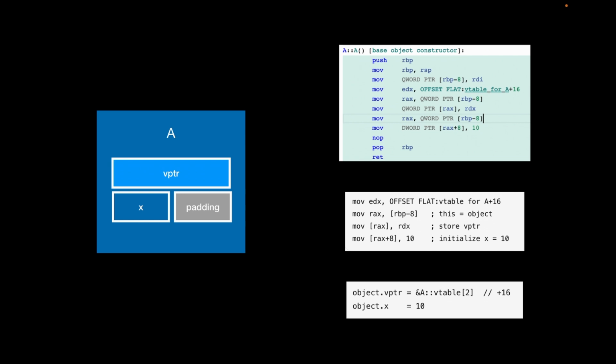In EDX we put the offset of the vtable plus 16, which, if you remember from the previous slide, is the first method pointer, because of the entries at 0 and 8: one contains the offset to top, and the other contains the RTTI.